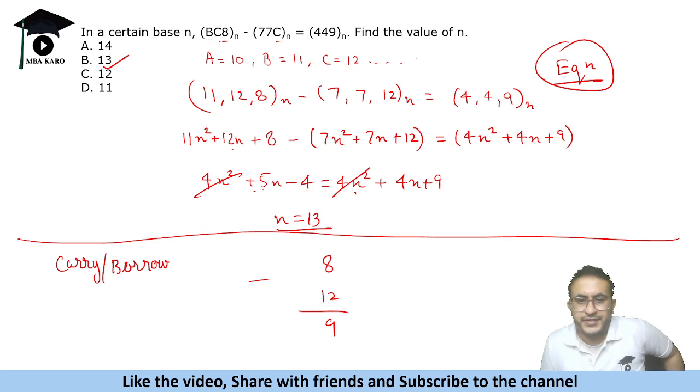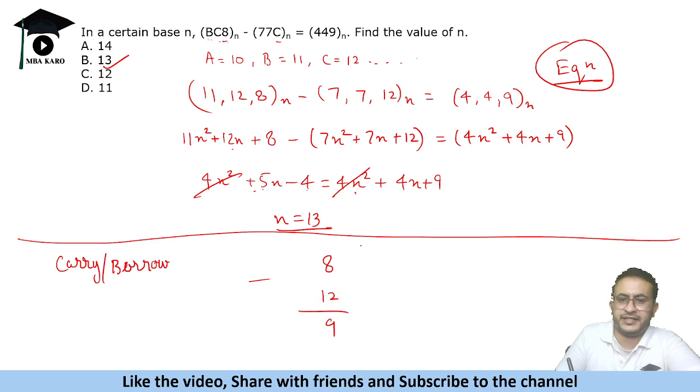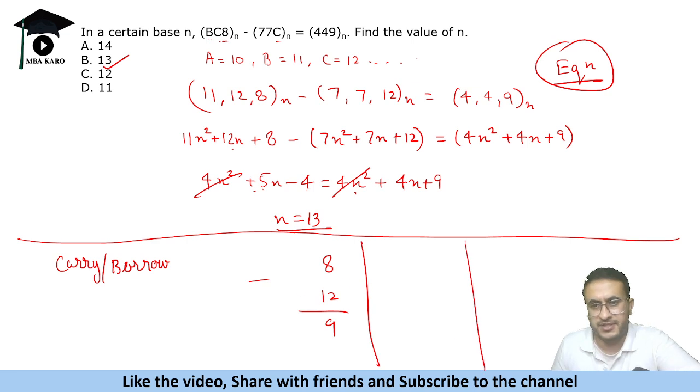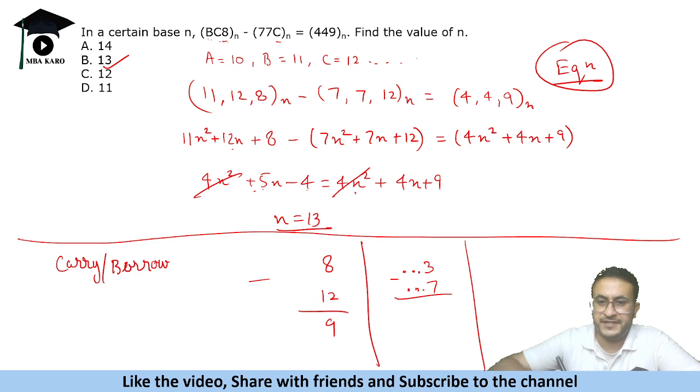Let's take it in the decimal number system and then you will understand it. If I do 3 minus 7, what is it? If there is a smaller digit, we subtract easily.